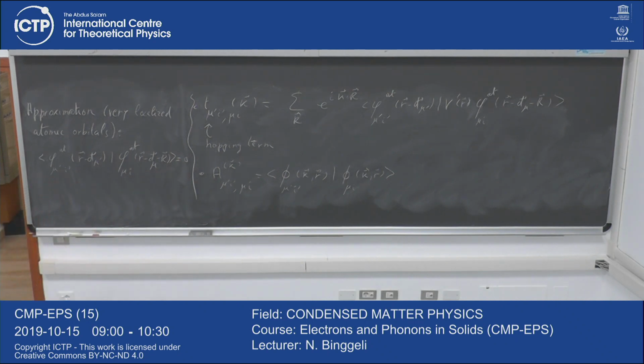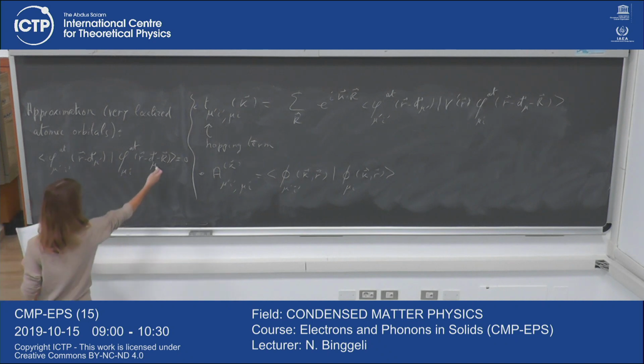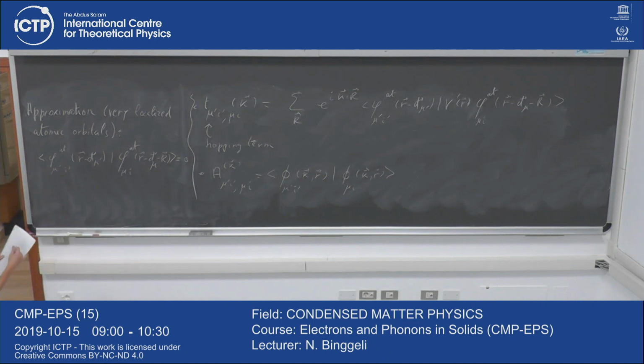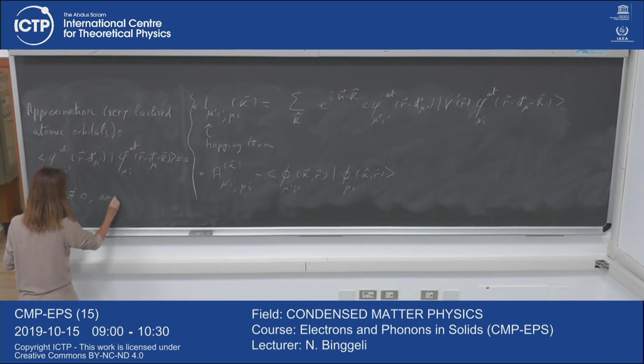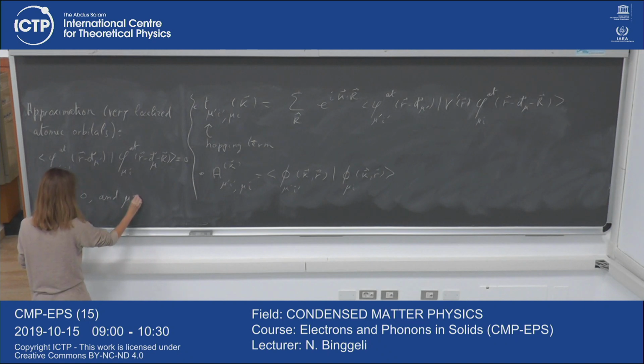When the vectors here are non-zero, so when the atomic functions are in different cells, we will say that this matrix element is 0. And when also the atoms are different, that is when mu is different from mu prime.